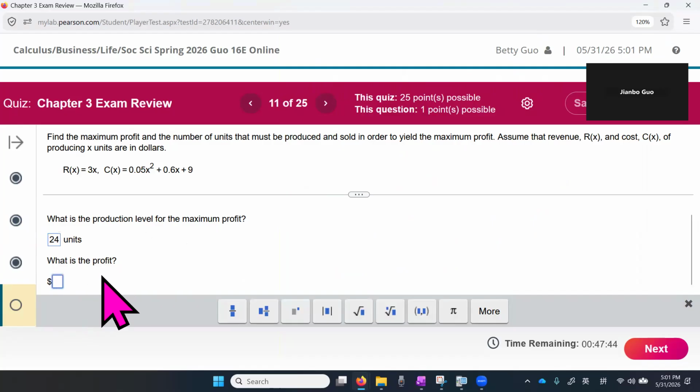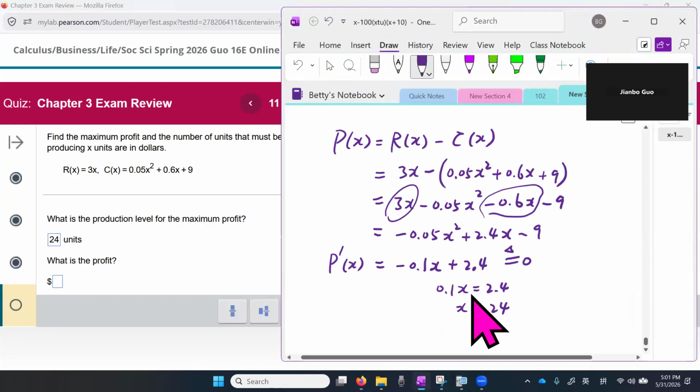What's the profit? We're going to plug back into the profit function to find the corresponding profit. Let me double check. 2.4 over 0.1 is 24.